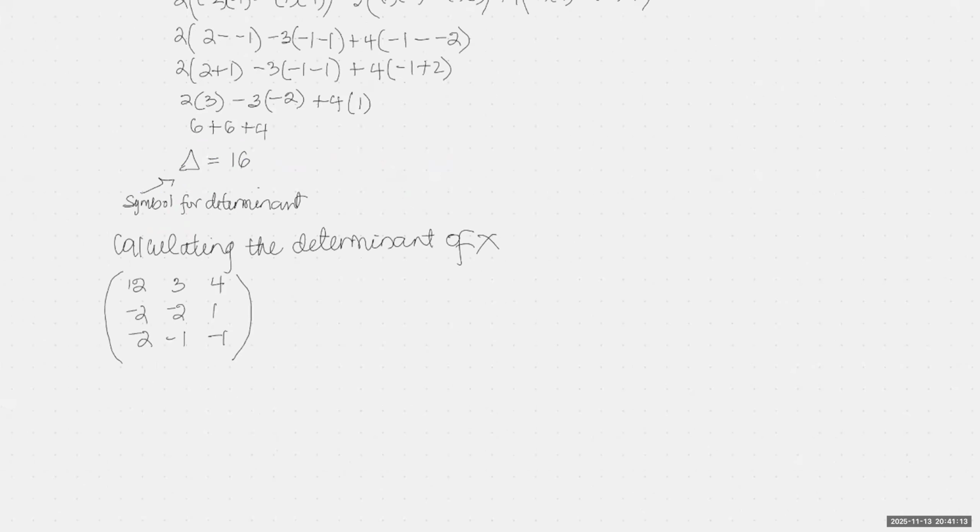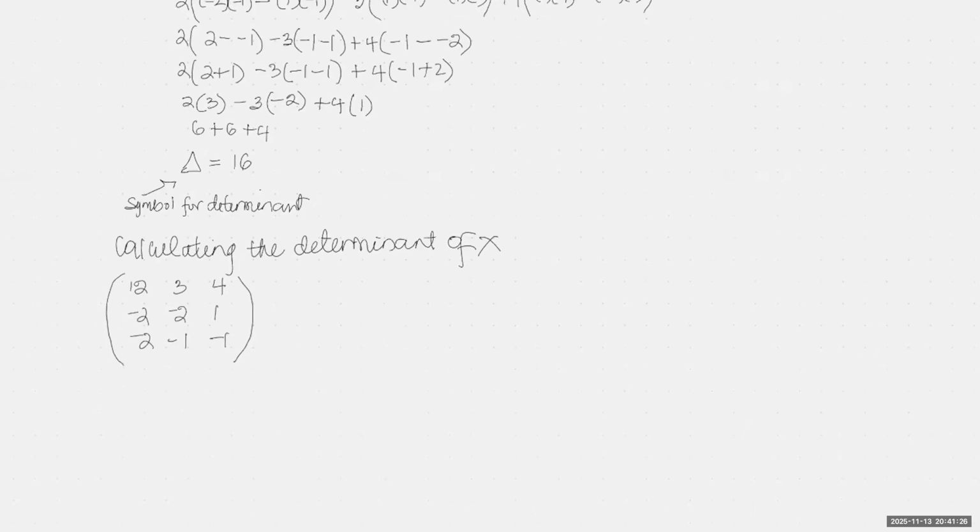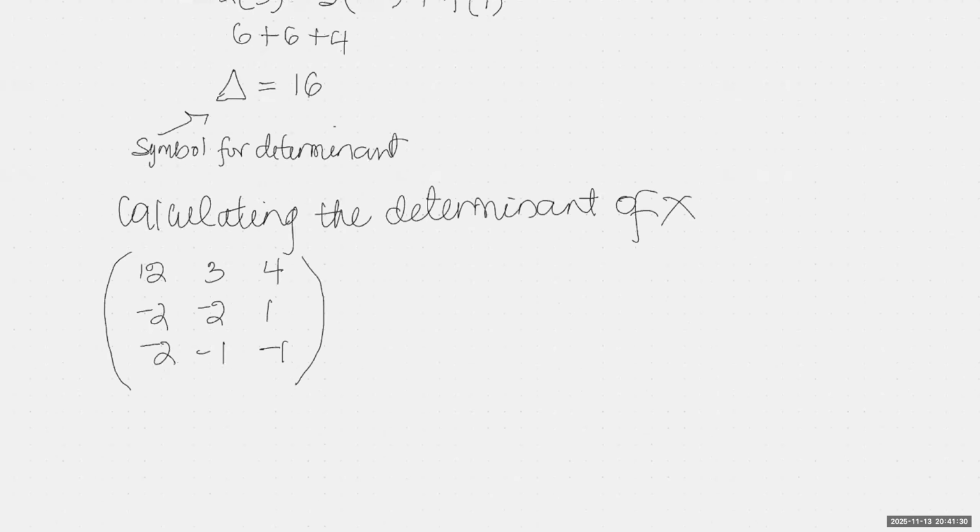What's the next step? Positive, minus, plus, minus. Very good. Now I must put on my array of signs: plus, minus, plus, minus, plus, minus, plus, minus, plus.